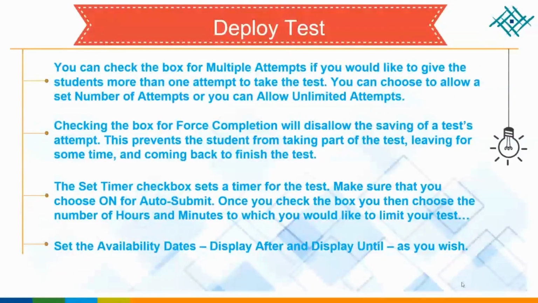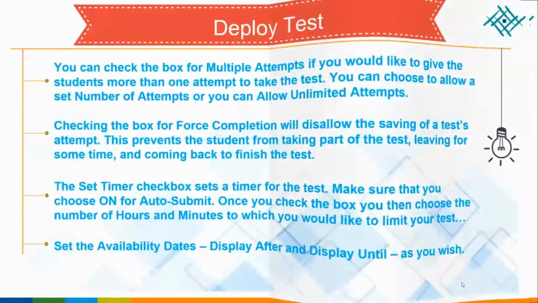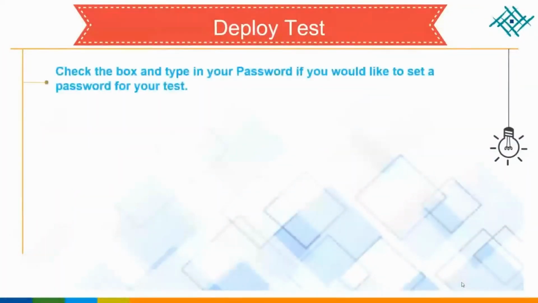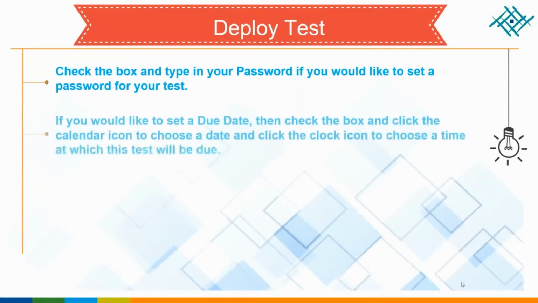Set the availability date, display after and display until. You will put this range of dates, and check the box and type in your password if you'd like to set a password for your test. Maybe it's better to give a password for your test.